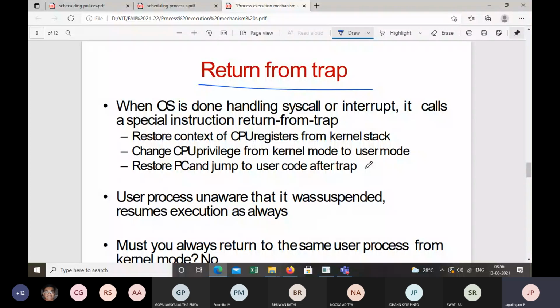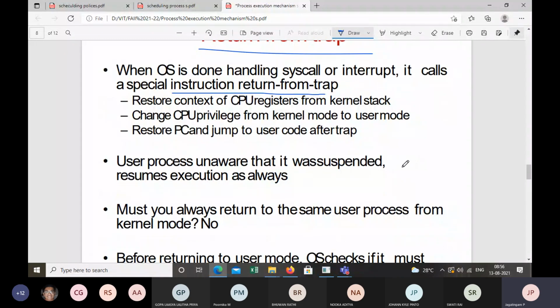To move from kernel mode to the user mode, we call a special instruction called return from trap, right? Now the question is, after the execution of a system call, we need to return from the kernel mode to the user mode.